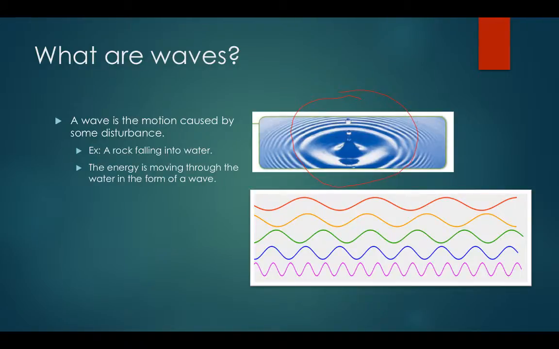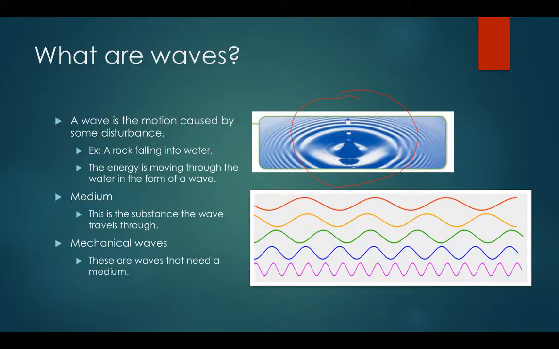Now, a wave is just energy moving from one location to another. So when you see a wave, what you're really seeing is energy that is moving from one location to a different location. Now, it does this through something we call a medium. A medium is a substance that the wave has to travel through.